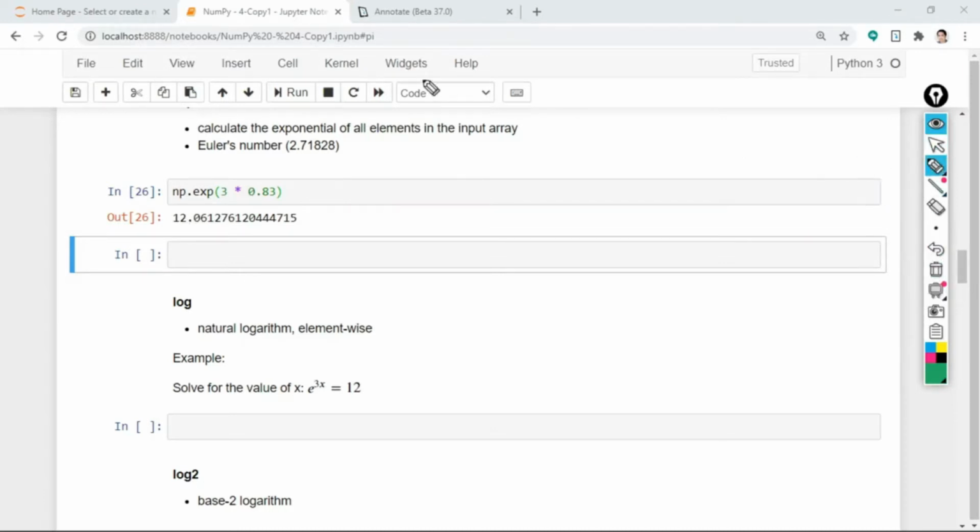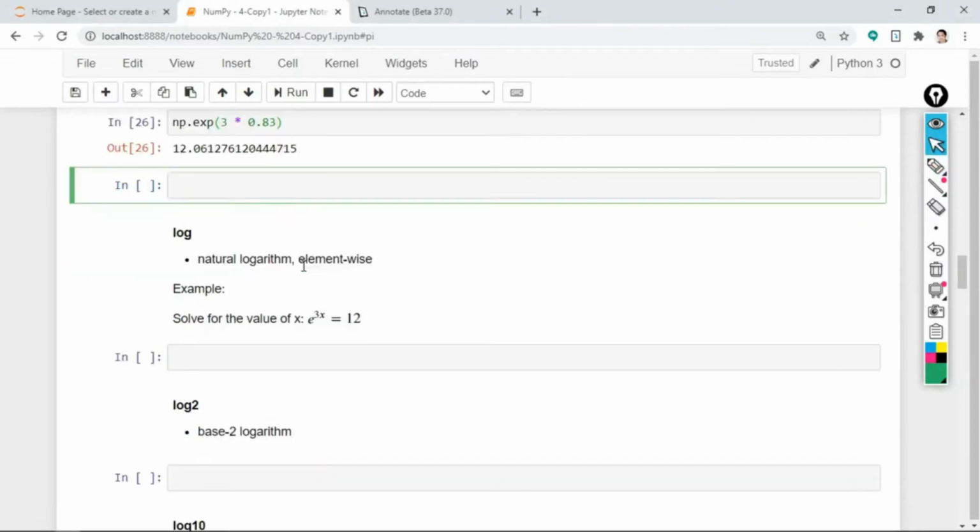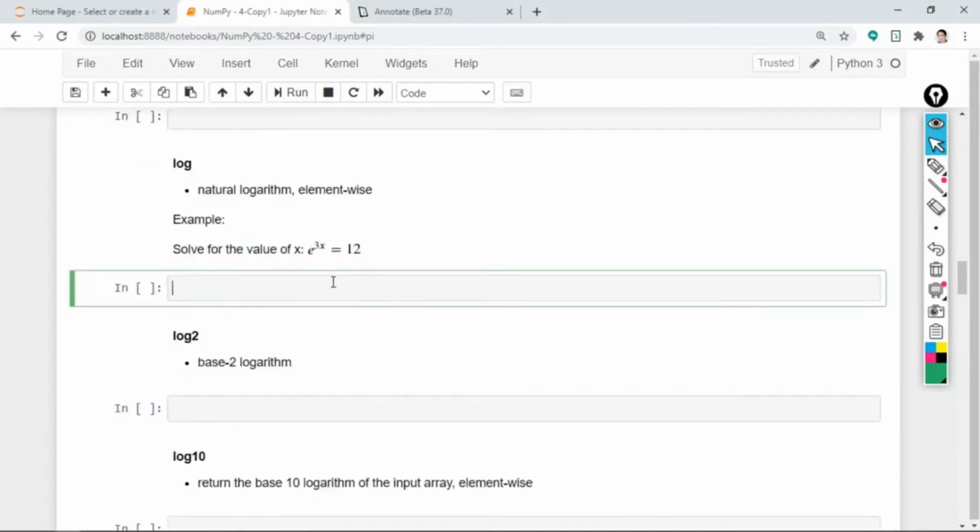So for example, we have the natural logarithm here. Let us solve for the value of x. We have e raised to the 3x is equivalent to 12. So how will you solve that? This is just a review of logarithm. I hope you're familiar with logarithm. So remember, e can be written down as a natural logarithm.